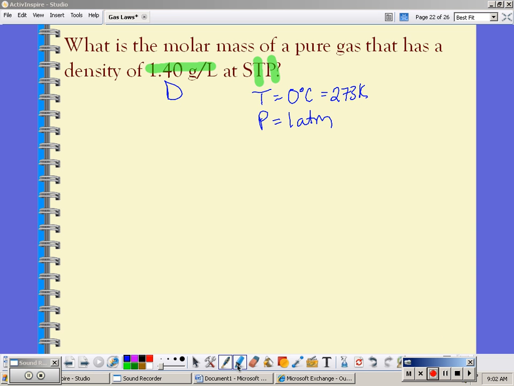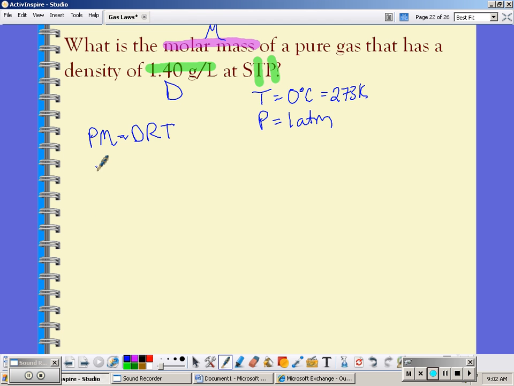We're also looking for molar mass, and the symbol for molar mass is that capital M. Because I'm given these symbols, I know I'm going to use the application of the ideal gas law, PM equals DRT.